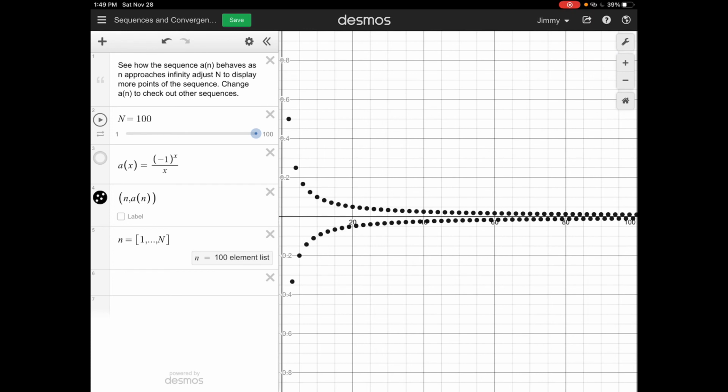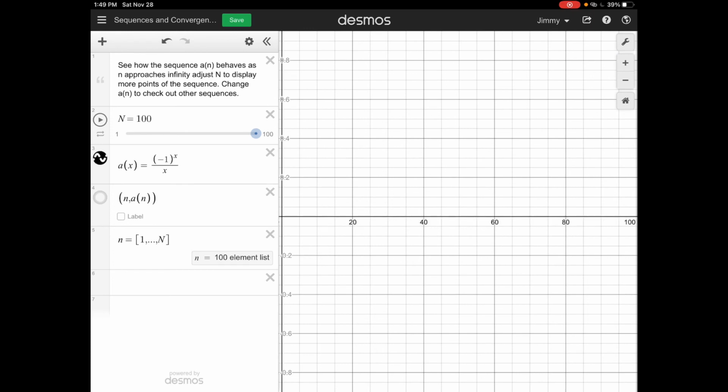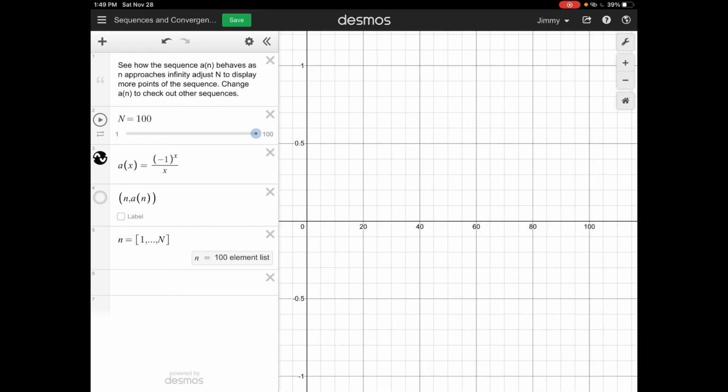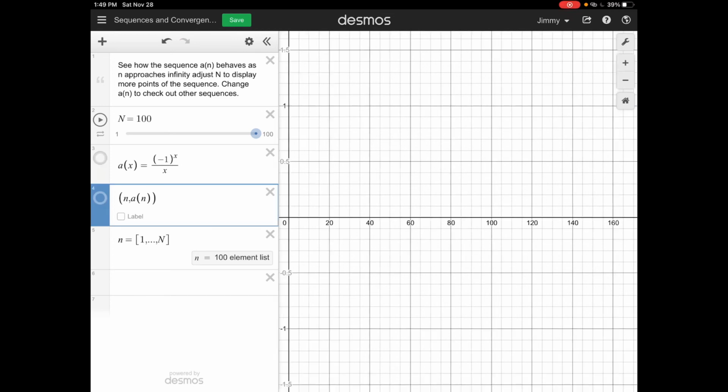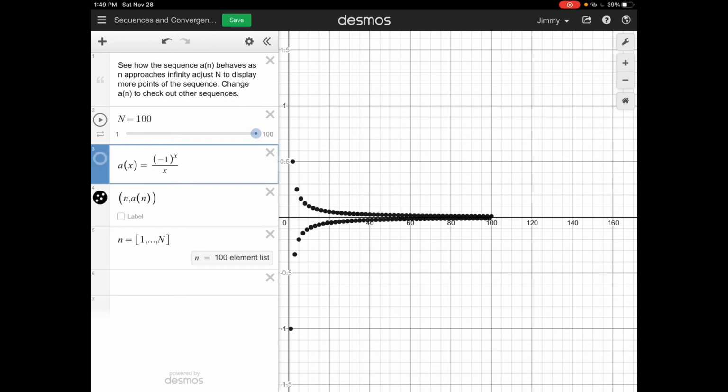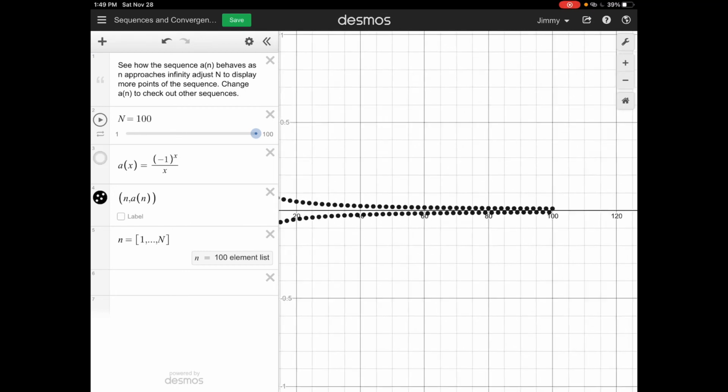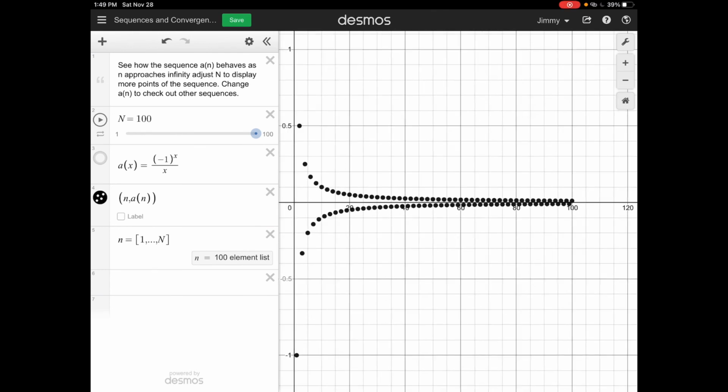To figure out what that number is, let's look at the actual graph of the equation itself. What you'll notice is Desmos actually won't graph this one, which is pretty interesting. Desmos does have its limitations, so I would have to just look and see what is going on in terms of the function itself, and it is getting closer and closer to 0.